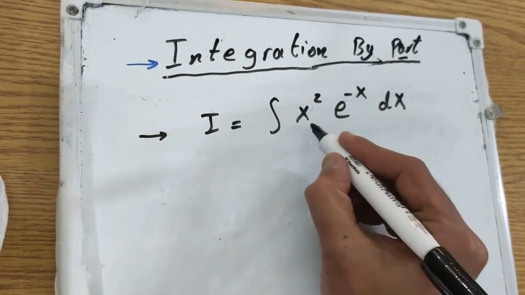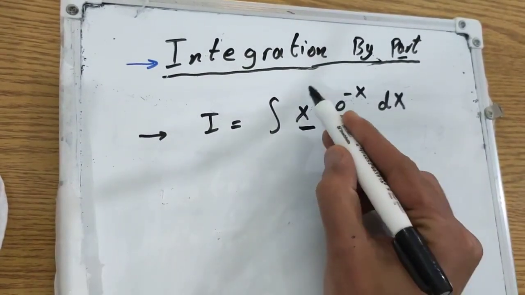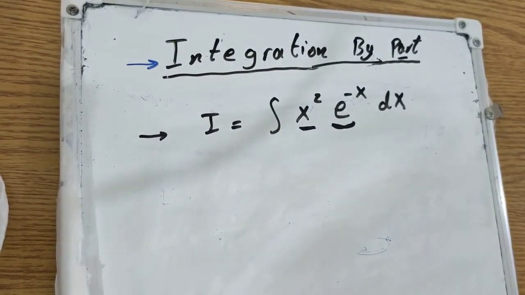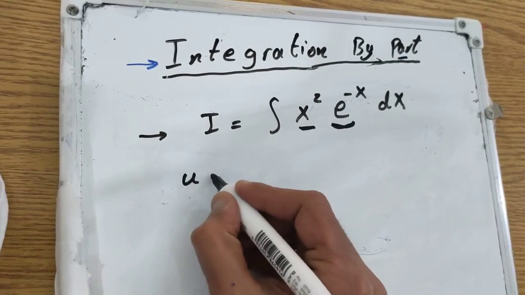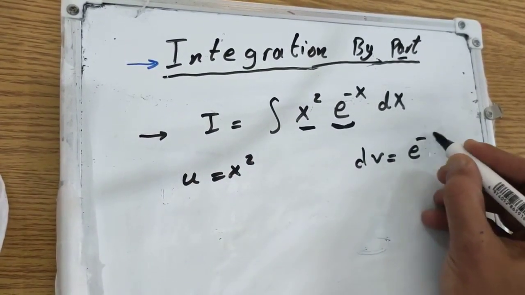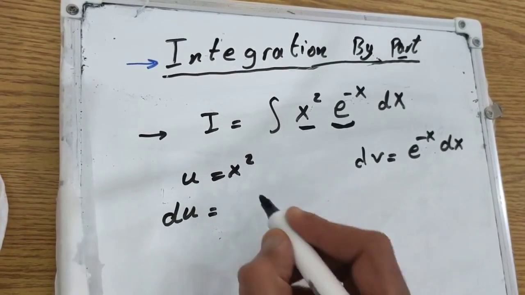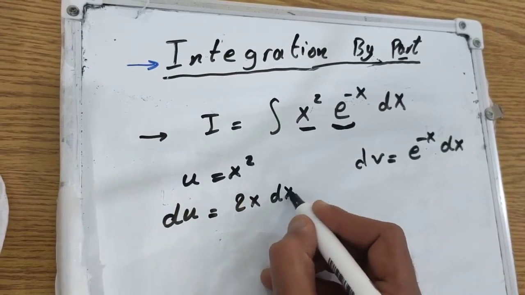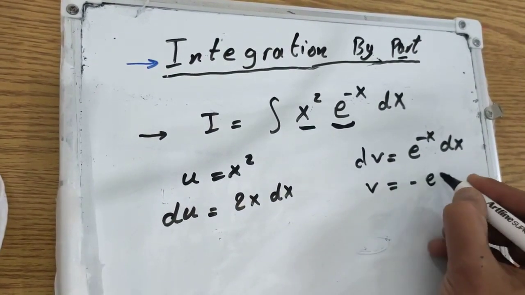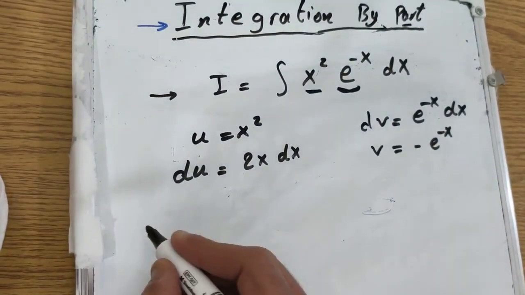Now again, you can think that's case number 1 in integration by parts, because we have a polynomial which is x power 2 times a function that can be integrated, which is e power negative x. So we select x power 2 to be u, and e power negative x dx to be dv. So now du will be the derivative of x squared, which is 2x dx, and v will be the integration of e power negative x, which is negative e power negative x.